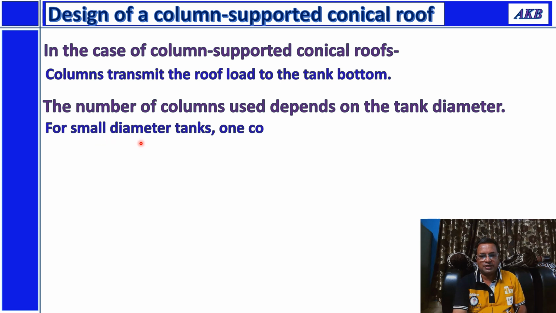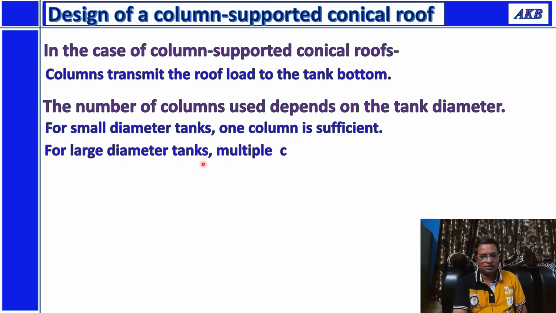For small tank diameter, even one column is sufficient to support the roof for small diameter tanks or small diameter vessels. But for large diameter tanks, multiple columns are required. You need to use multiple columns. Multiple columns may be required to support the conical roof.